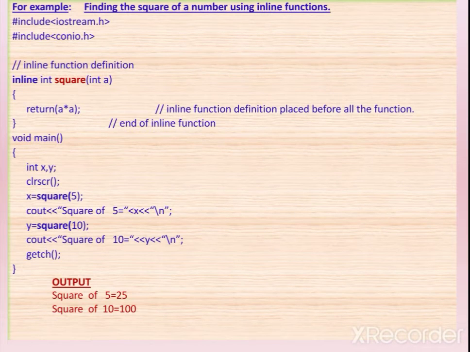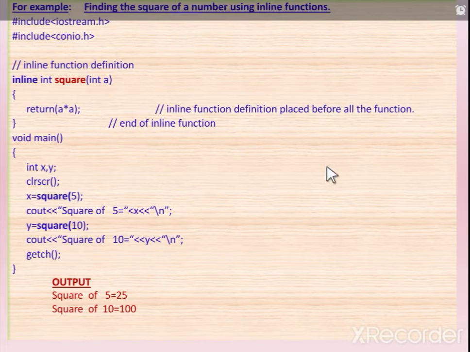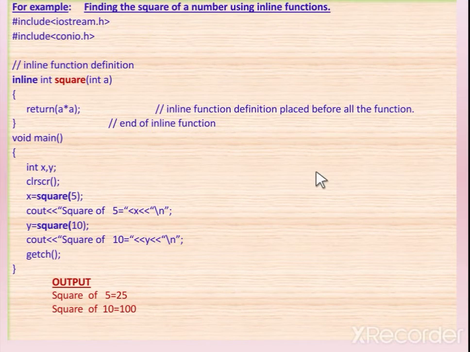Let us discuss inline functions with a programming example: finding the square of a number using inline functions. After the header file section, this is the inline function definition. Inline int square followed by an argument a.